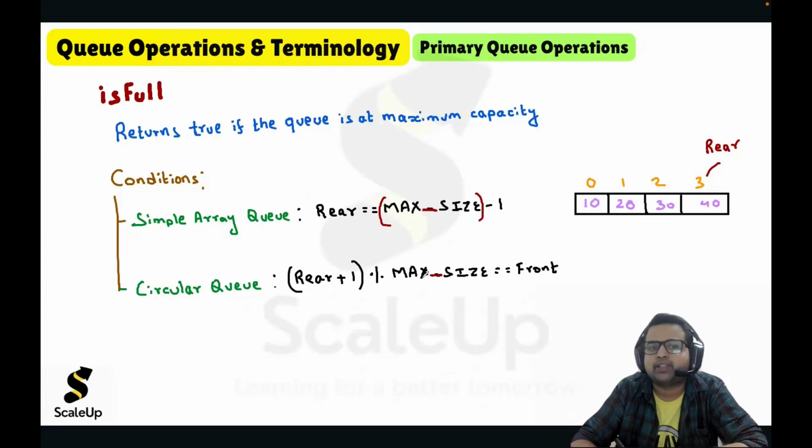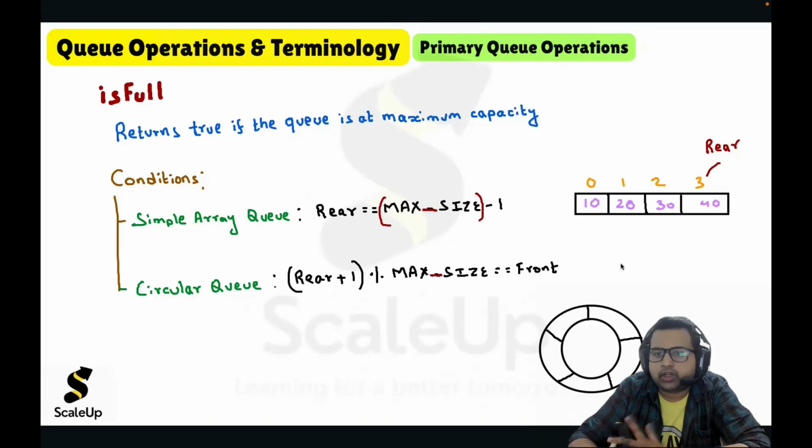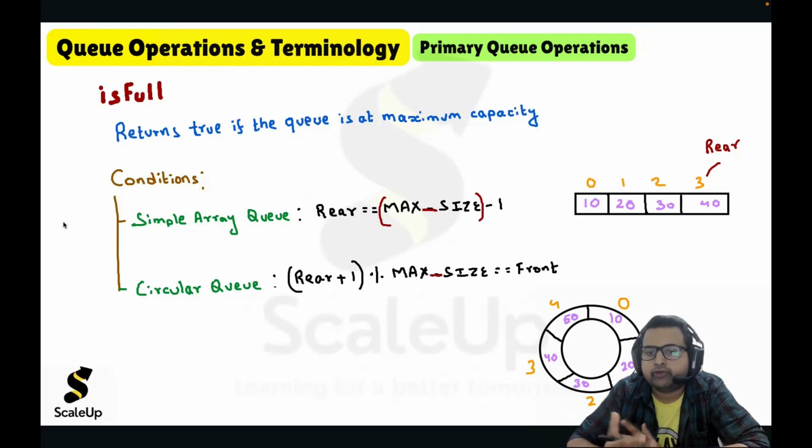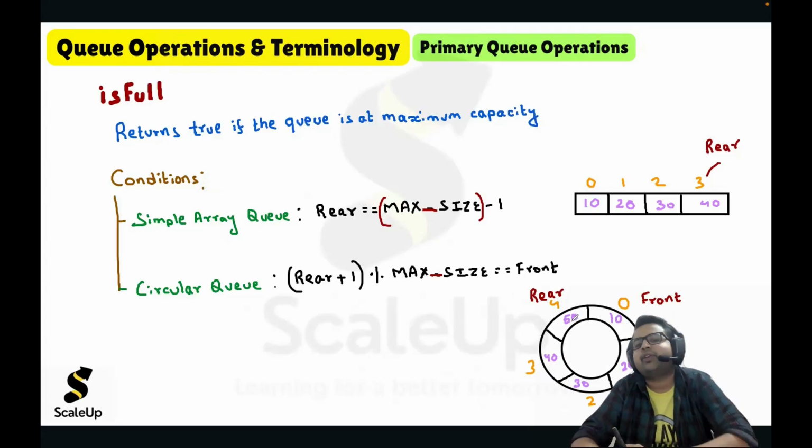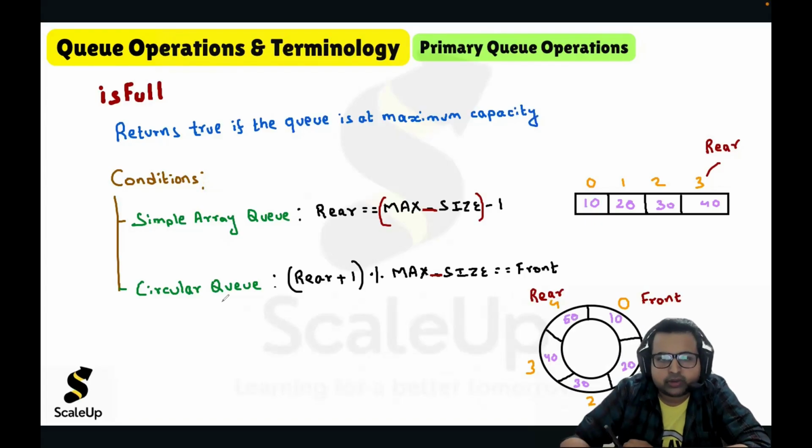And for the circular queue, let us visualize it. I have a circular queue, something like this. Looking at this, I can say that this queue is full, it is at its maximum capacity. This is the front, this is the rear. And max size means 1, 2, 3, 4, 5, total 5 elements it can hold. So rear plus 1: rear is 4, so 4 plus 1 modulo max size.